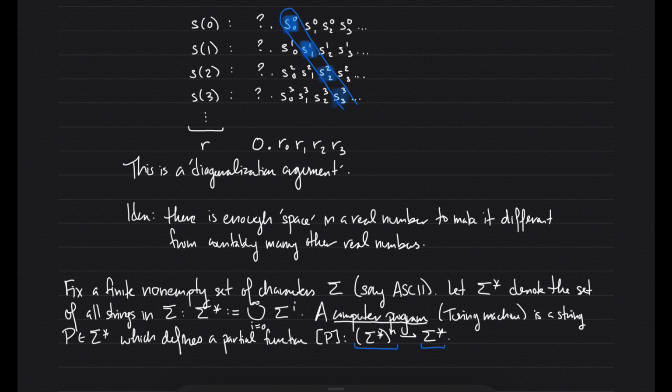But I've used this word partial, which we haven't talked about before. We have to say that a computer program is a partial function because sometimes, and we try to avoid this if we're good programmers, you write a computer program and you give it some input, and the computer program will never terminate. It will loop forever. It will never stop running and give you an answer. It will just keep going and never return anything. We can capture this behavior with the notion of a partial function, which is like a function, but not every input has an output.